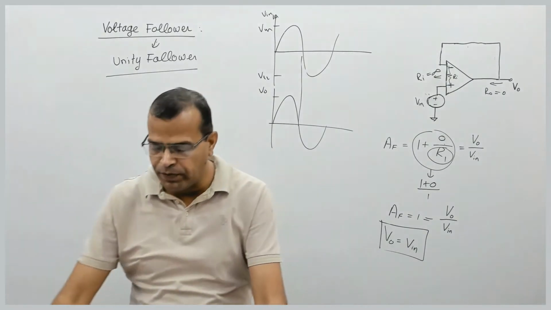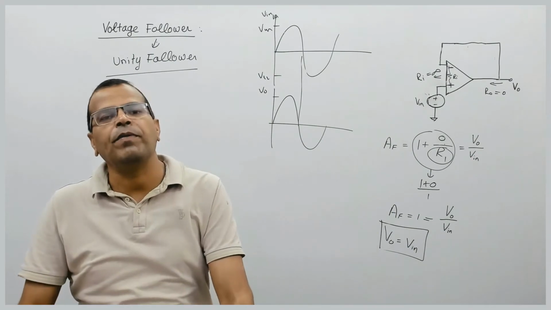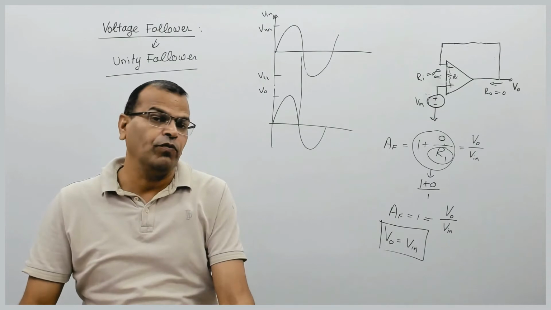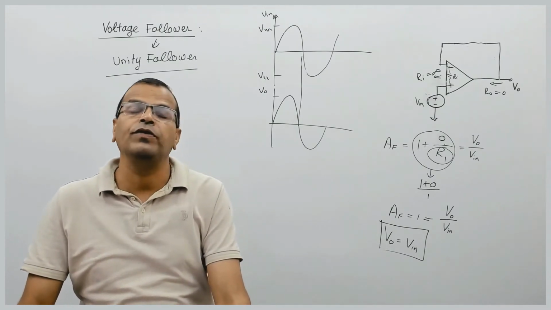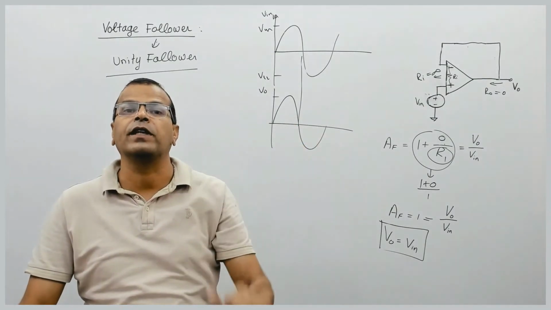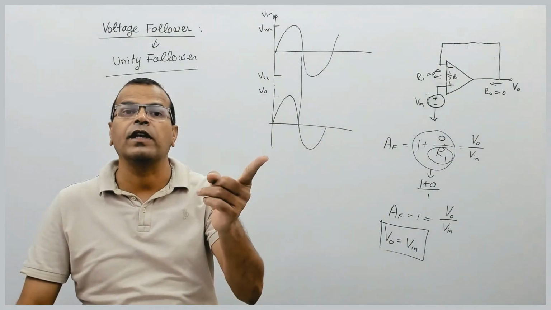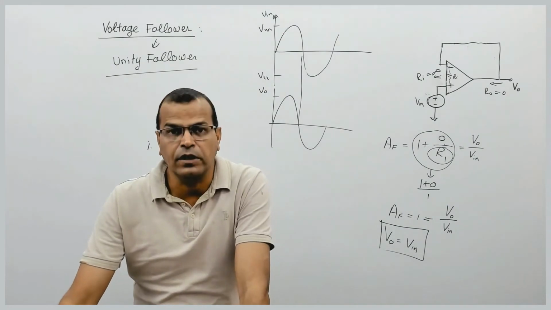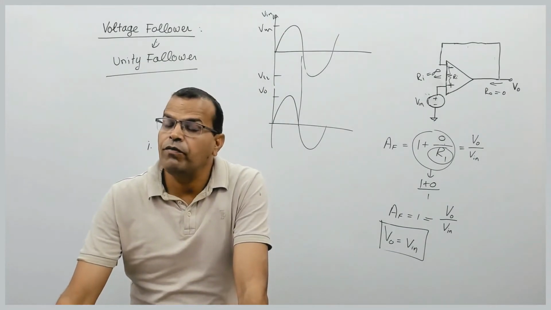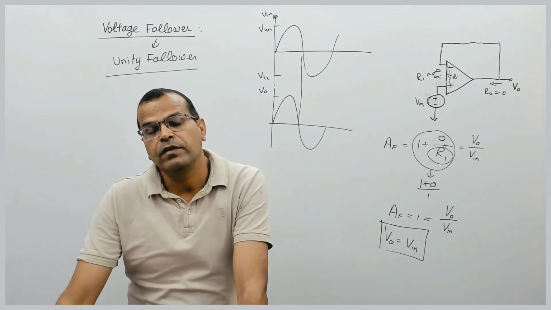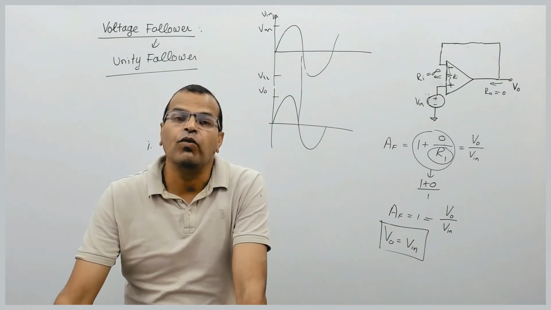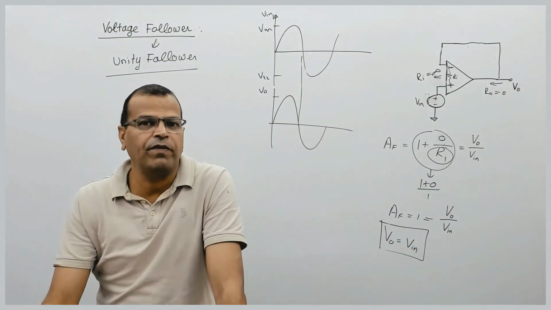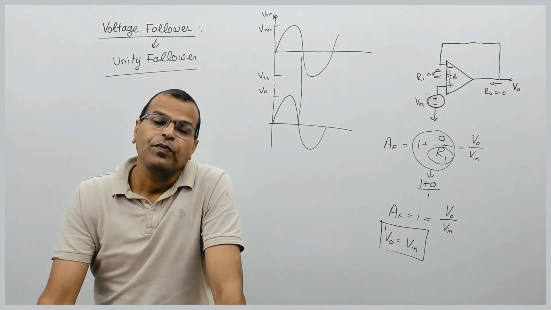What is a voltage buffer? That is an amplifier where the voltage level remains the same. If you want to amplify the power level of a circuit without changing the voltage level, like digital circuits, in that case use a voltage follower or buffer amplifier, where voltage gain is unity.